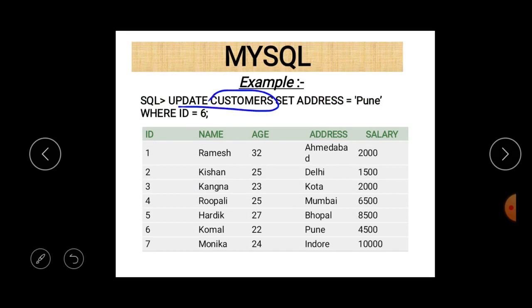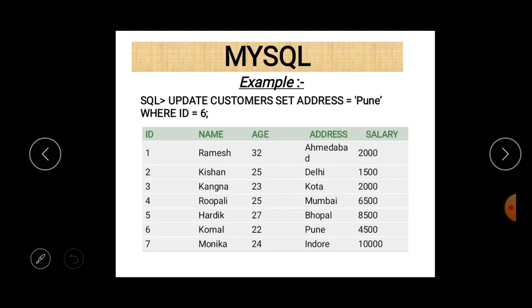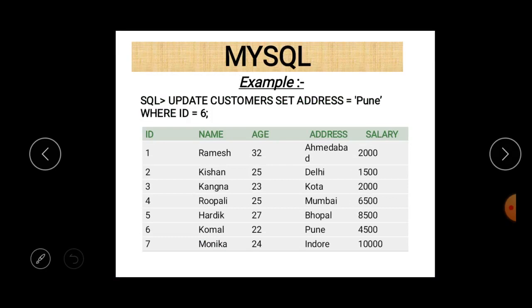If you want to update the customer and change the address of the customer whose ID is 6, and here the address is, you can easily see, MP, and we want to change MP to Pune, then for that purpose we just write update customers, then the keyword set, address is equal to Pune.